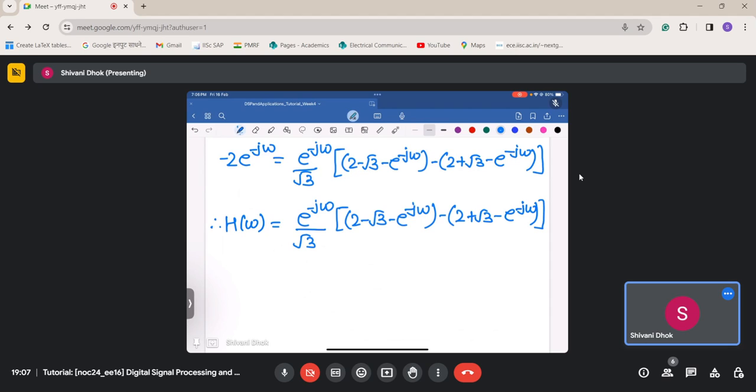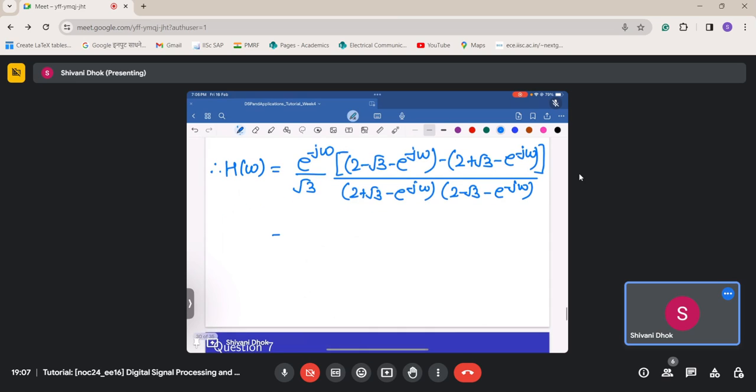Okay, divided by 2 plus root 3 minus e power minus j omega into 2 minus root 3 minus e power minus j omega. So now this thing here is equal to 1 by root 3 inside the bracket.